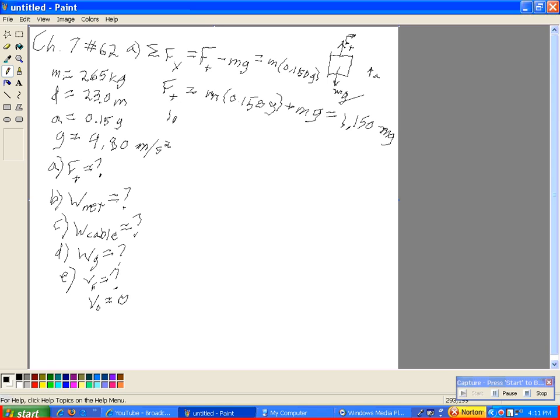We have 1.150, the mass, which is 265 kilograms, and 9.80 meters per second squared, in keeping with the significant figures.